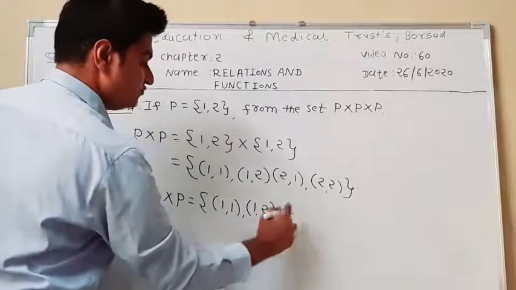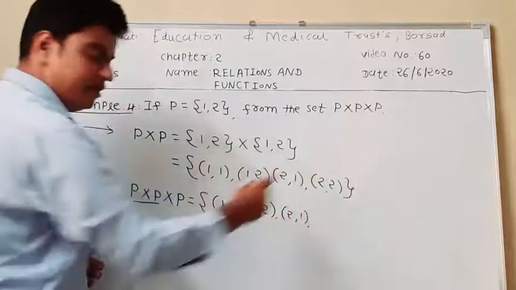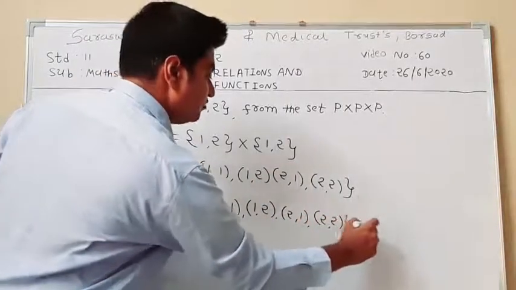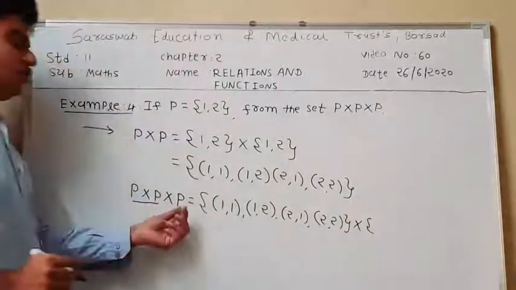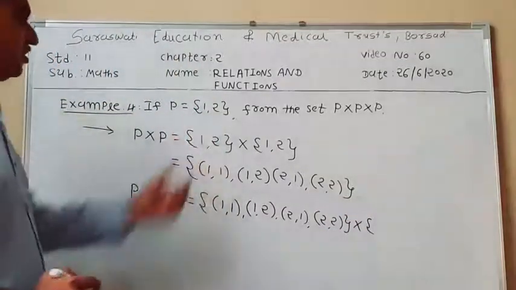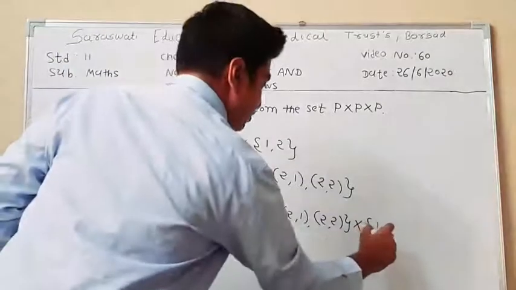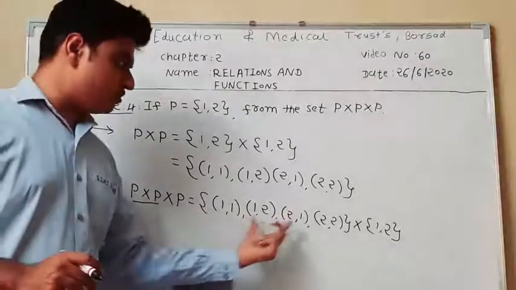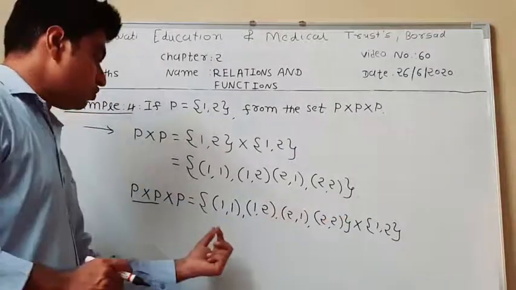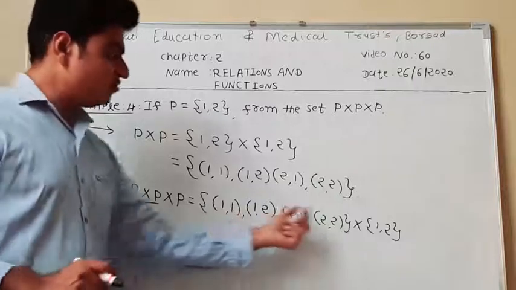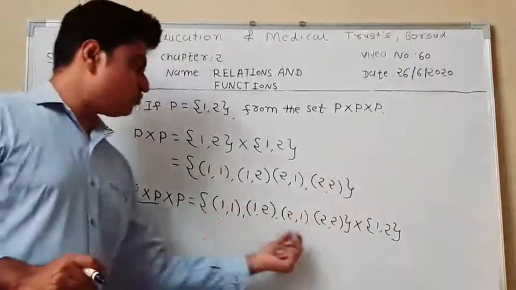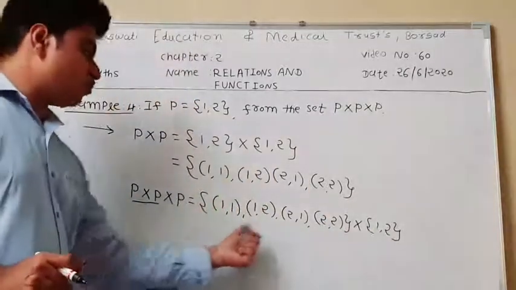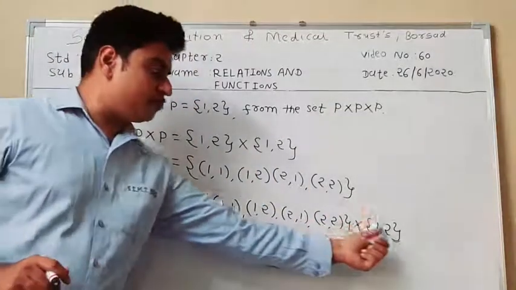Now how do we take the product of these two sets? All these 4 ordered pairs are paired with 1, and after that all these 4 ordered pairs are paired with 2.